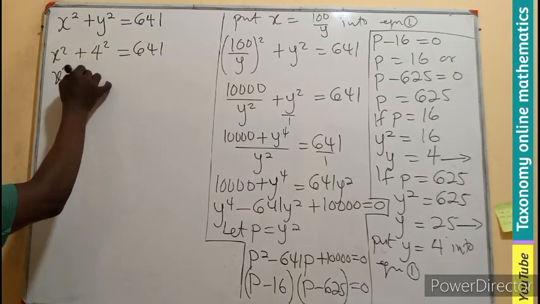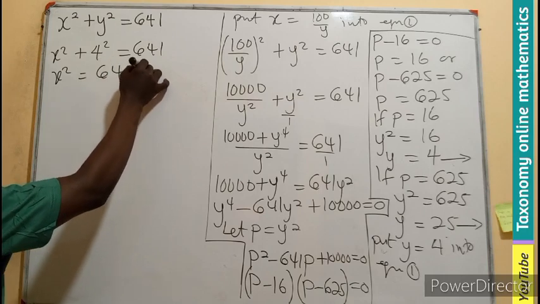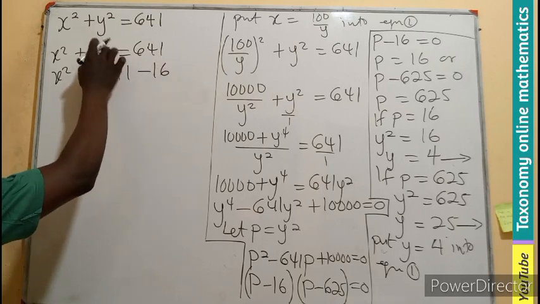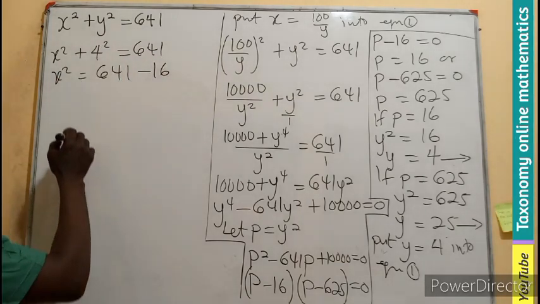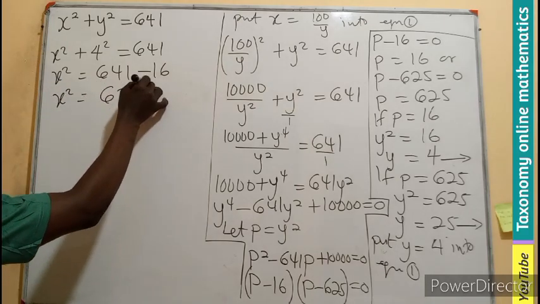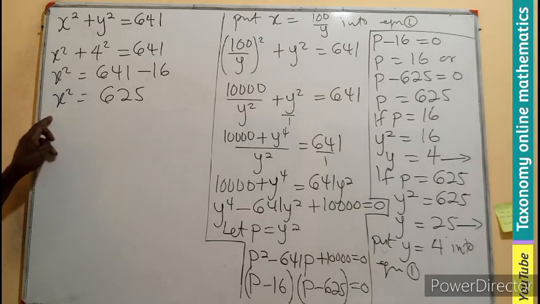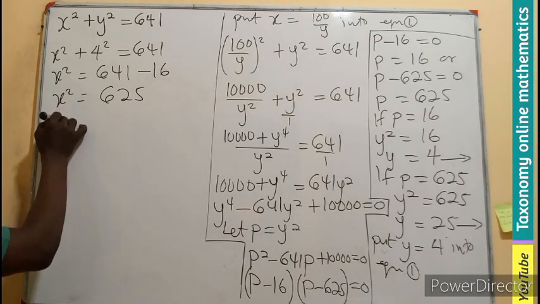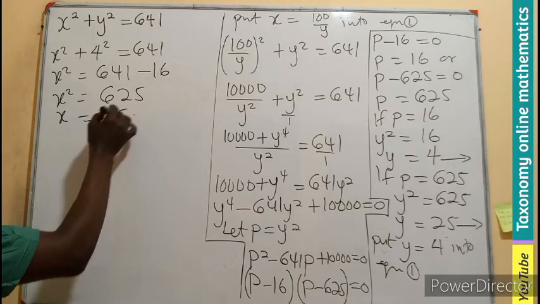So x squared will be equal to 641 minus 16, which is the square of 4, right? So x squared is going to give us 625. Find the square root of both sides. Your x will be equal to 25.